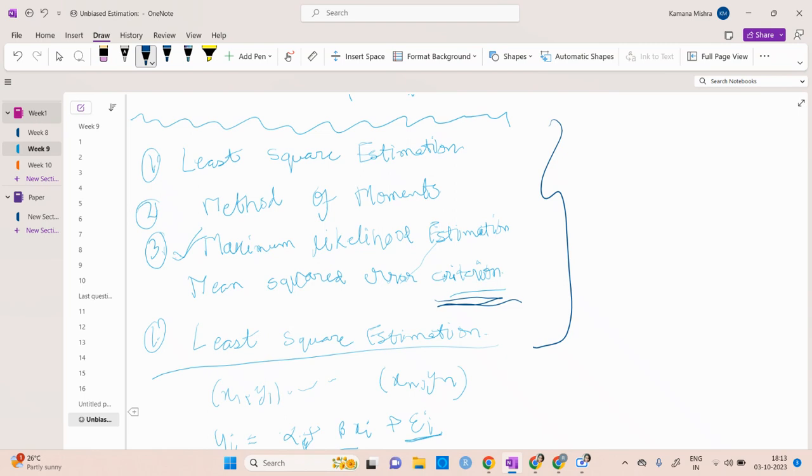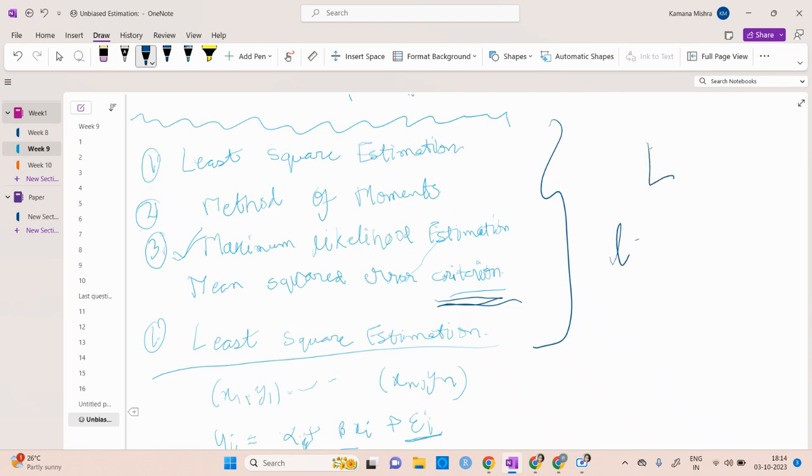To find the maximum of the likelihood function, we can directly do it the way we find the maximum of any function. But generally, the multiplication is complex.